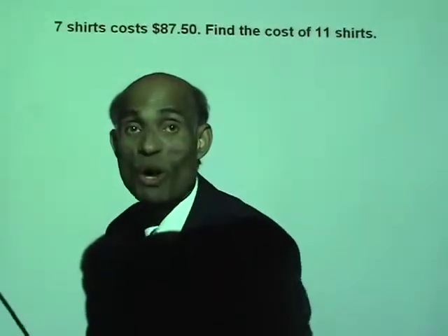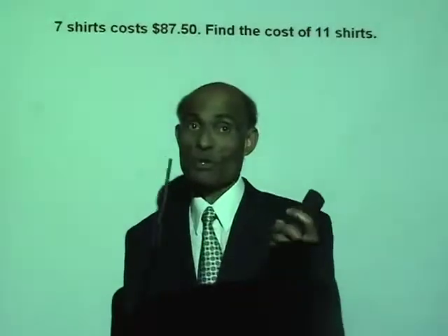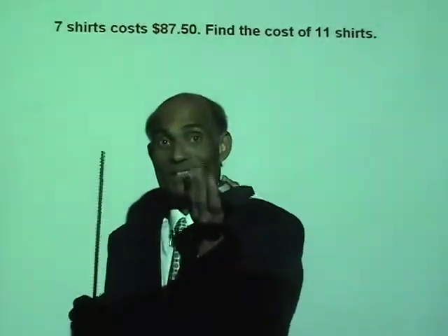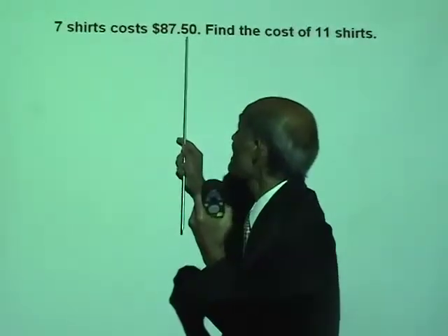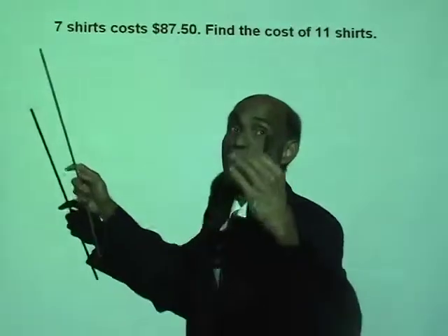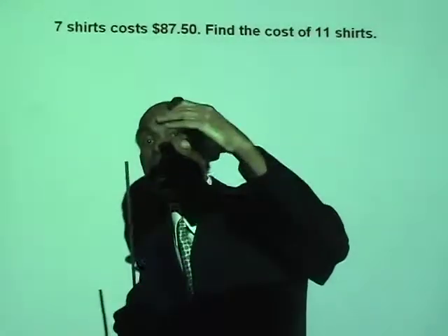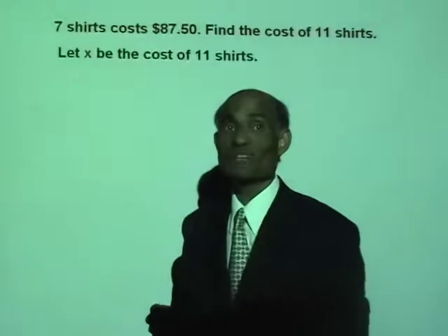So we will obtain a ratio. What ratio? Dollars to shirts. We got $87.50 for 7 shirts. We take a ratio of dollars to the number of shirts.